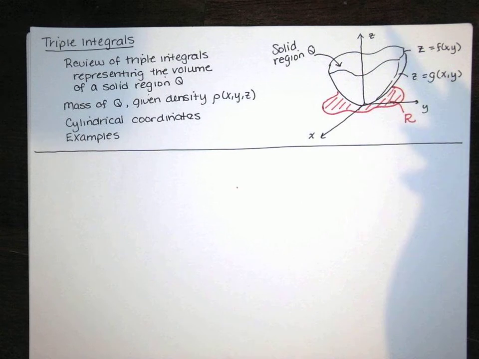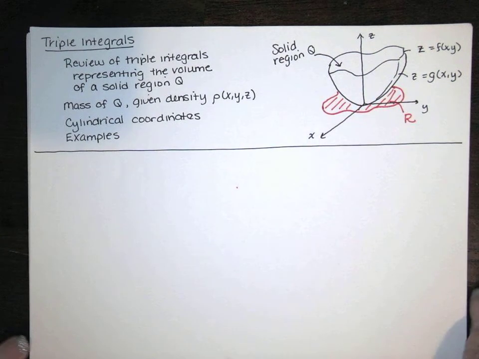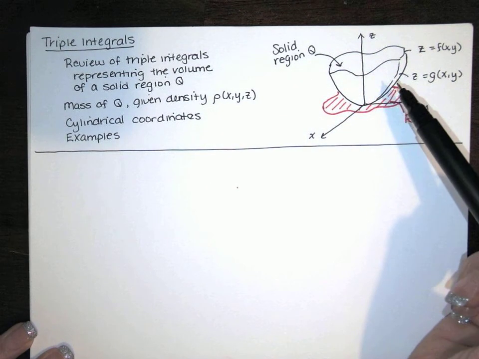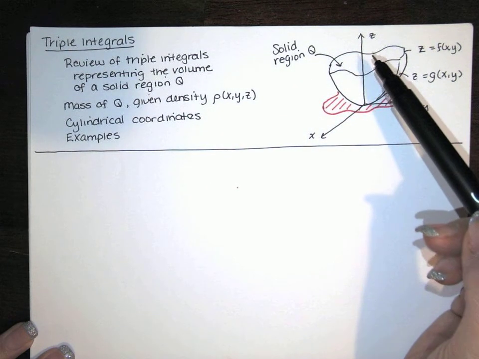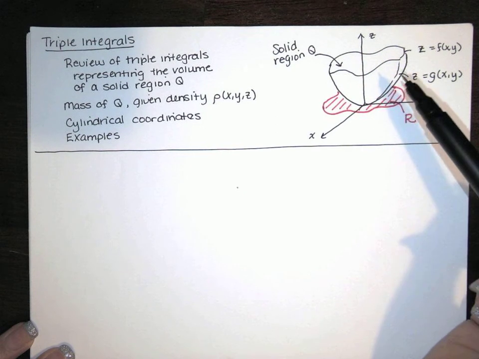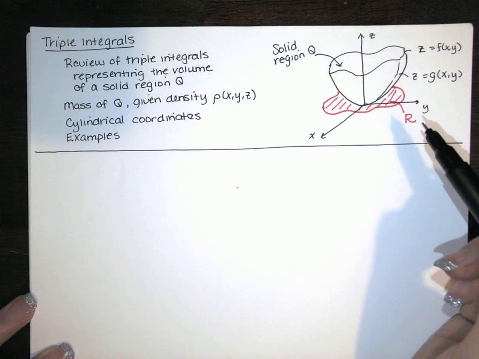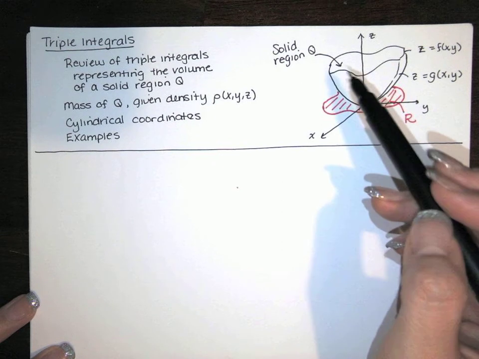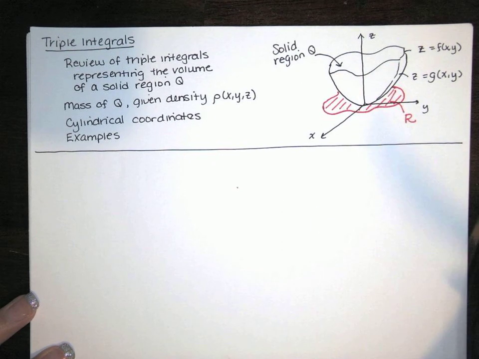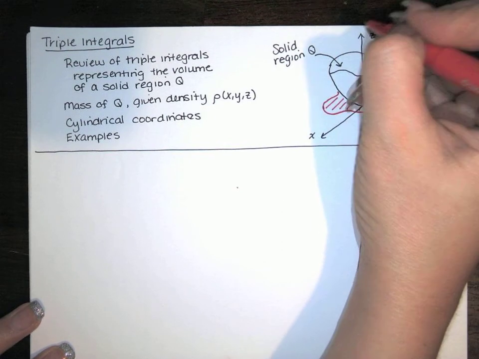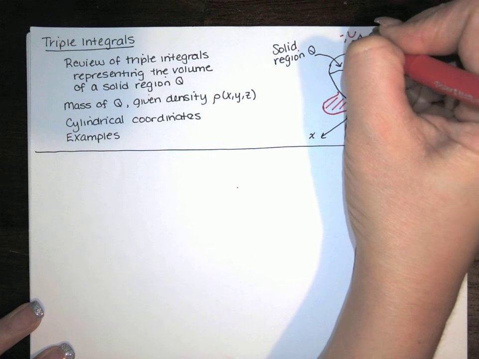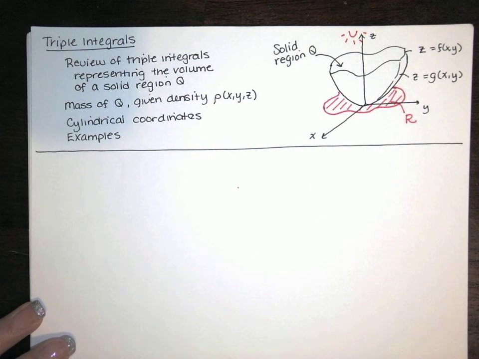So if I want the volume of Q, basically I've got to do two things. I've got to think about what the top function and bottom function are here. Z goes from a bottom function to a top function. And then we have to look at the projection of the solid region Q onto the xy plane. The way I always like to think of it is as if the sun were right here.